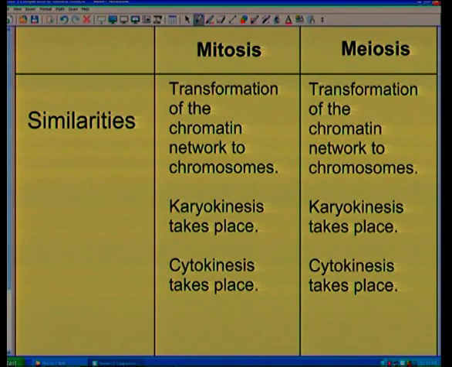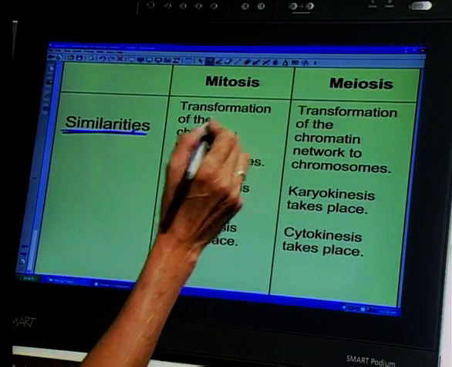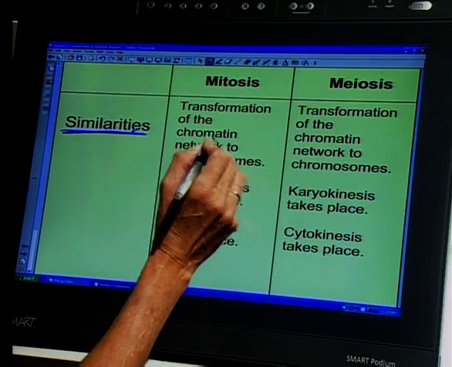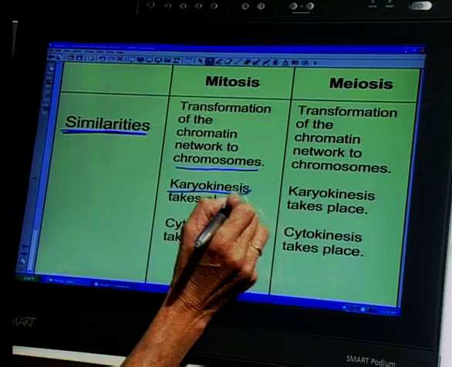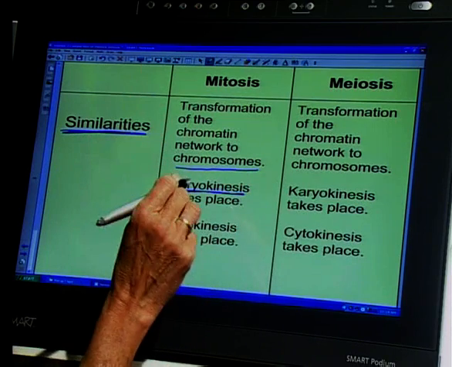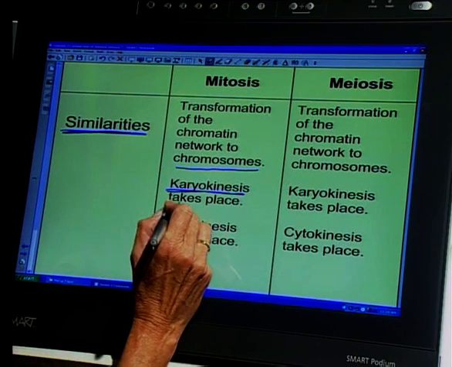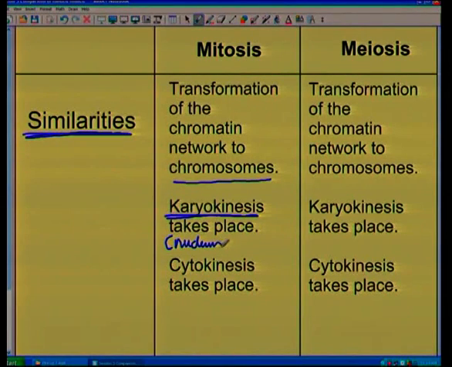Similarities. Now this is incredibly important because this is where learners get confused. With your similarities, you've got transformation of the chromatin network to chromosomes. Karyokinesis takes place. Remember, that's the splitting of the nucleus. Cytokinesis is when the cytoplasm splits.